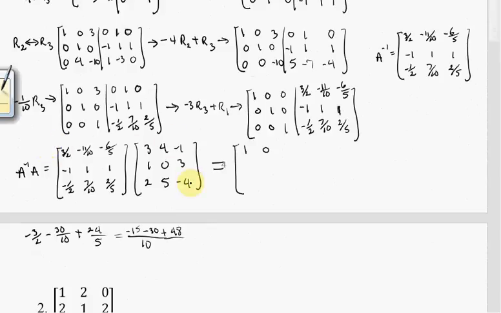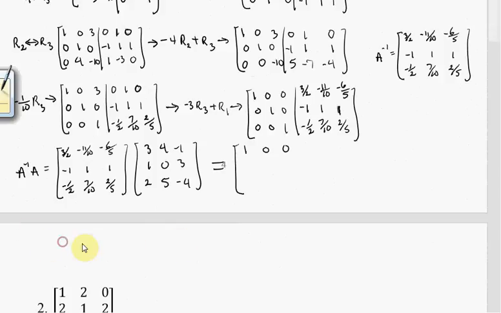First row, third column. Yes. So it's negative 33. Yes. That helps out a whole lot. So that gives us 0. Woo! Yeah.